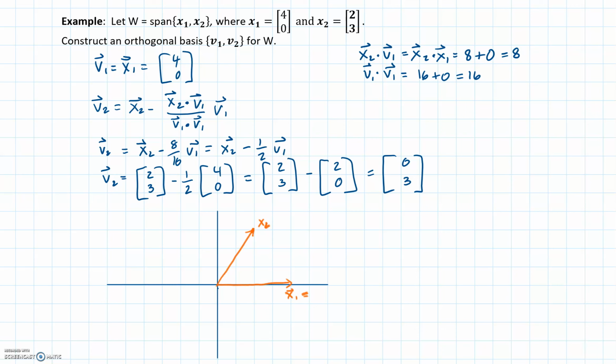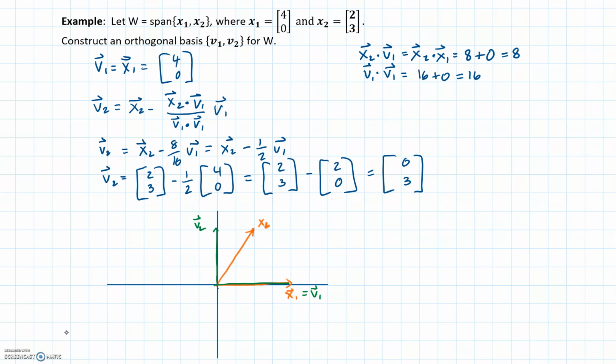So this is actually v1. Let's do it in green. And then we're going to say v2 is (0, 3). There it is, right there. That is v2. You can see v1 and v2 are orthogonal to each other.